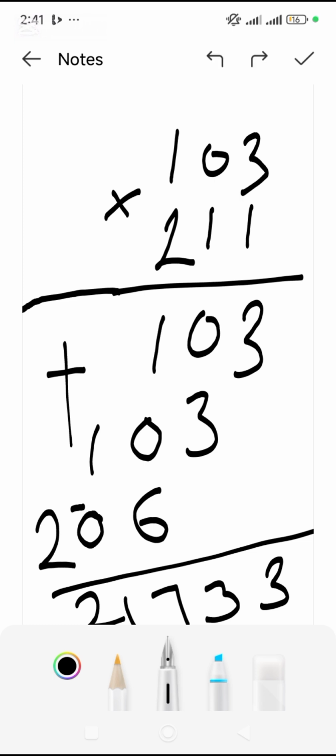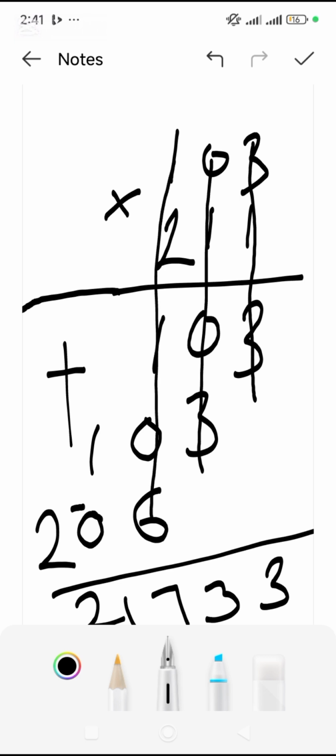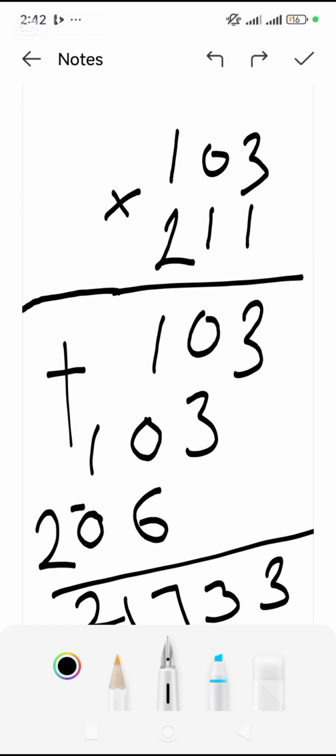Then we move to the third digit and say 2 times 3, then 2 times 0, and 2 times 1. This is arranged in such a way that 3 is under this, and every other thing goes this way. It's easier when the arrangement is done properly, so you do not make mistakes.